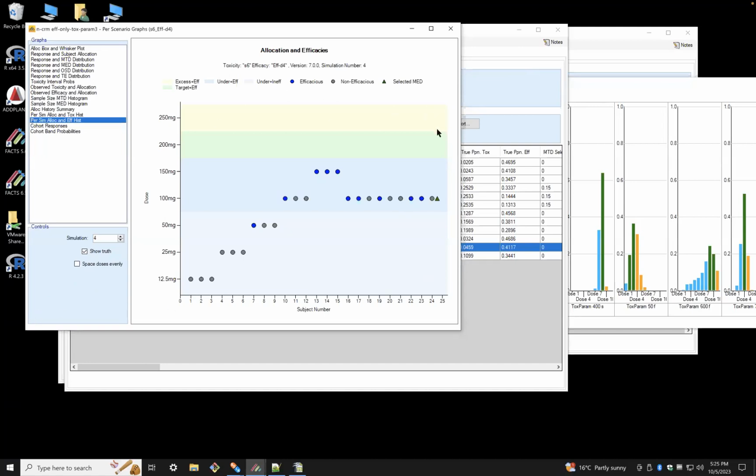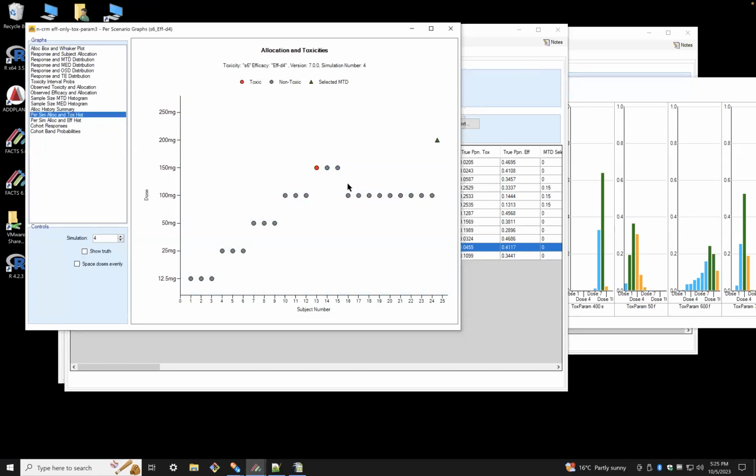Here, the color banding is showing the truth, which of course might bias their decisions, and so we can show them the graph without it, and all they get to see is the actual observed toxicity and efficacy.